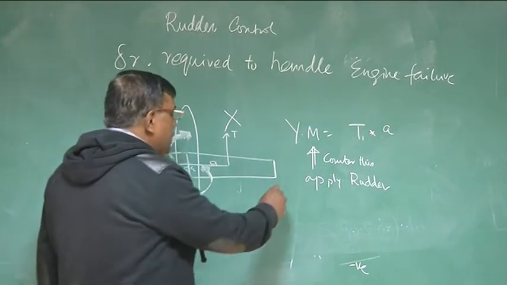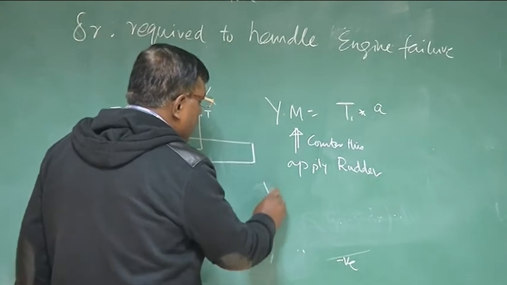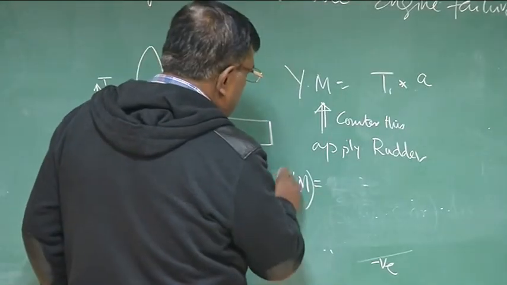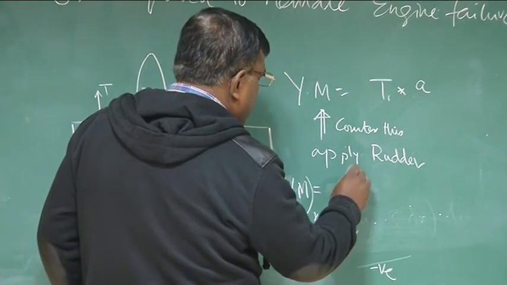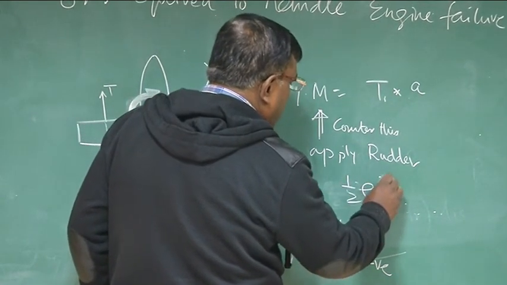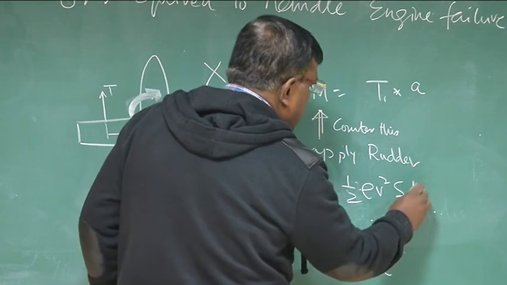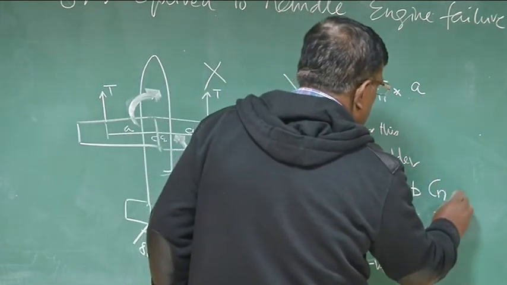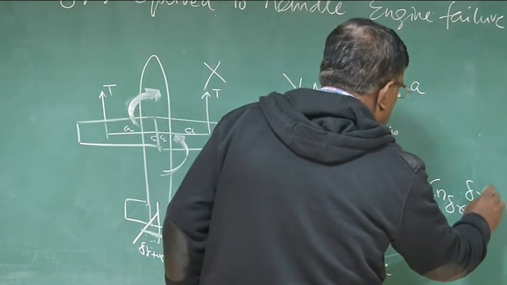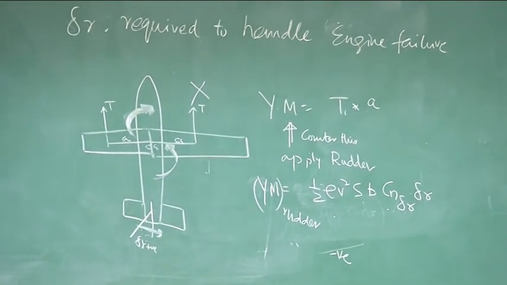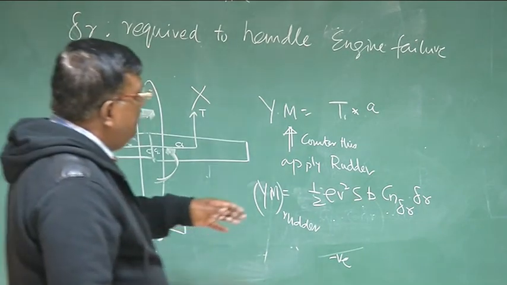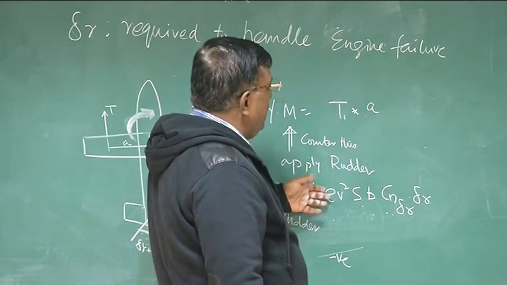And how much yawing moment the rudder will give will be given by this expression, half rho V square S B into Cn delta R into delta R. Right? We know the expression of Cn delta R by now. So these two should be equal in magnitude.